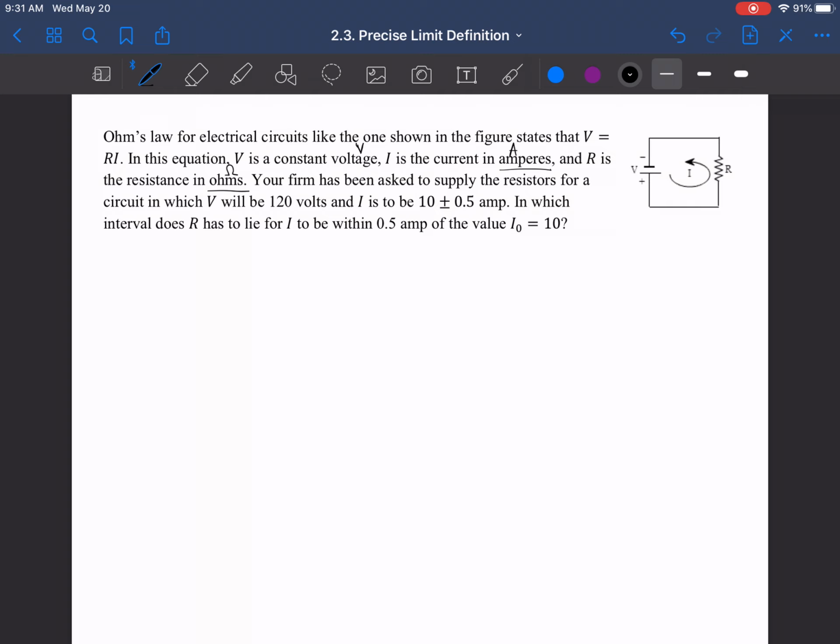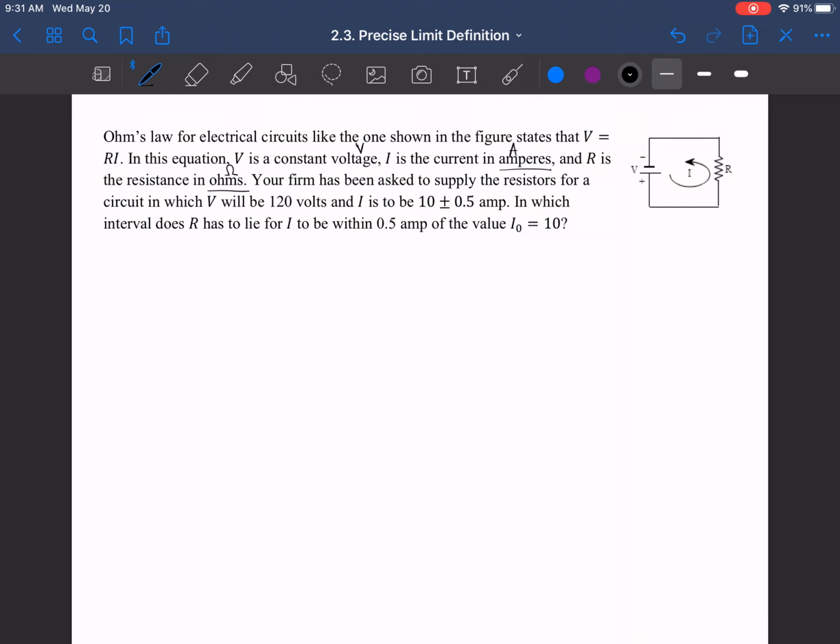So your firm has been asked to supply the resistors for a circuit in which V will be 120 volts, and the current, I, has to be 10 amps plus or minus 0.5 amps. In which interval R does R have to lie for I to be within 0.5 amps of the value of 10 amps?